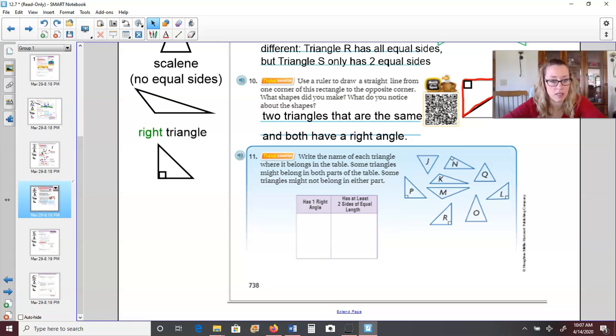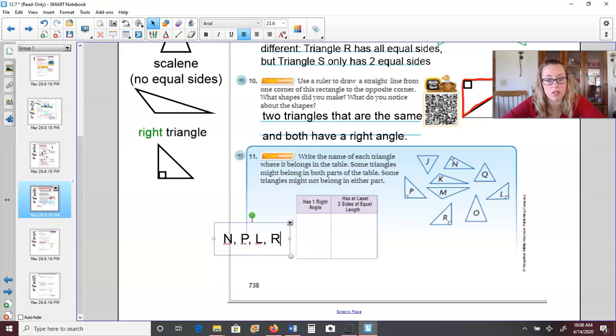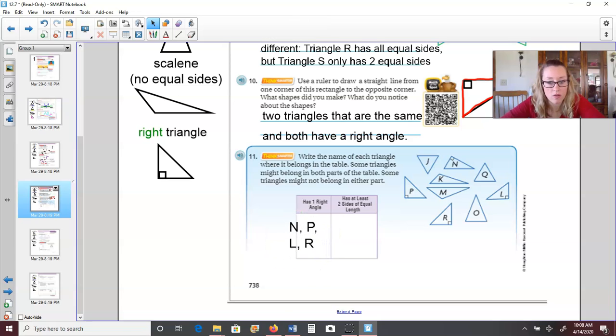So I see triangle N, triangle P, L, and R. N, P, L, and R, in any particular order, doesn't matter. Those four triangles have one right angle.